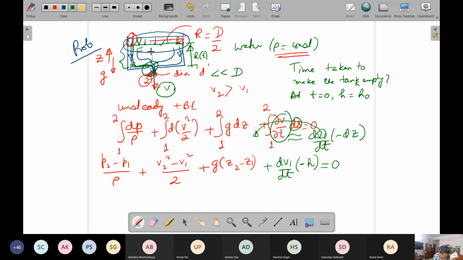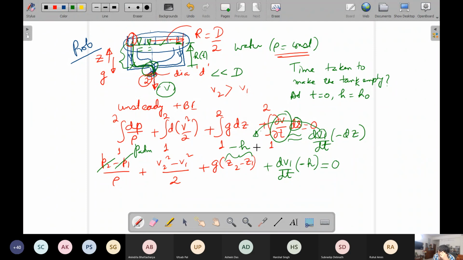First of all, see the problem. 1 and 2 are both atmospheric conditions, right? There is atmosphere at the top of the tank, it's a free surface, and the exit is also atmosphere. So P2 is equal to P1, both are atmospheric. Okay. Z2 minus Z1, we have just now seen, is minus H.